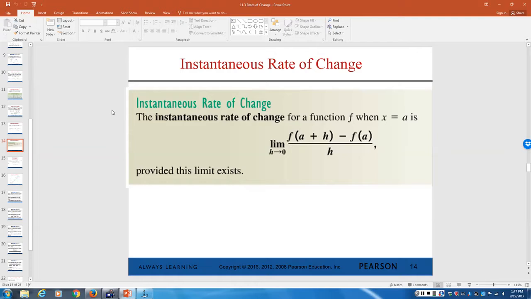The instantaneous rate of change is the limit, as h approaches 0, of f of a plus h minus the original function f of a, divided by h, where h is just a number that's really close to 0, but can't be 0, because if it is 0, then we're going to divide by 0, and that causes an undefined situation.